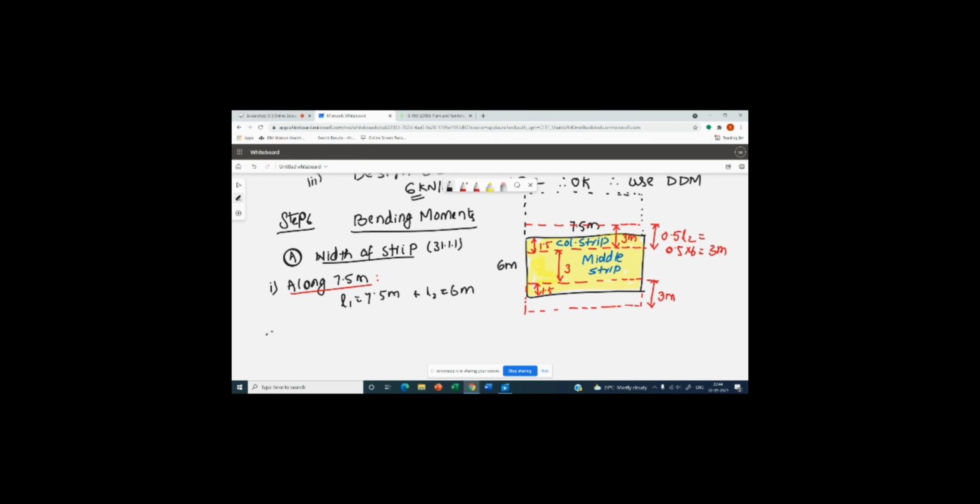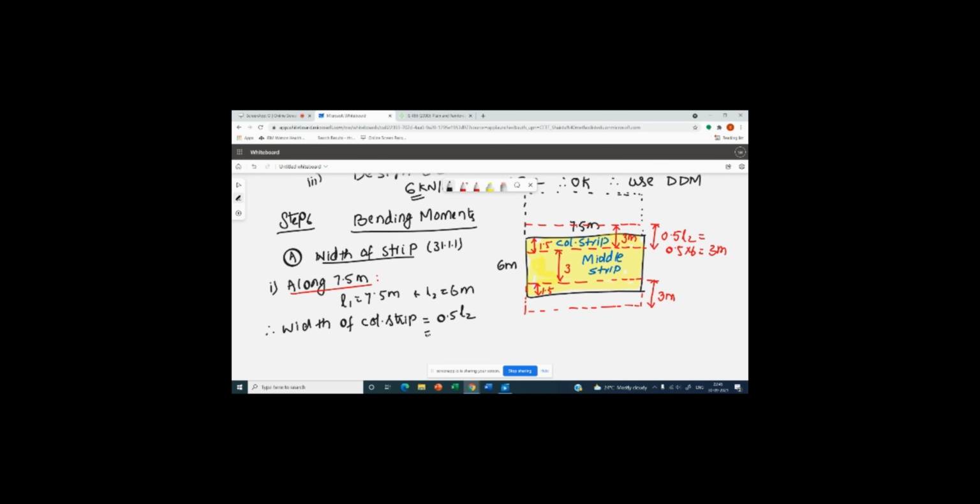Right. So width of column strip, you have to refer IS 456 clause 31.1.1. So width of column strip is given as 0.25 L2 on either side of the center line of the column. Okay. So that is 0.25 on this side, 0.25 this side. So together it will be 0.5 L2.